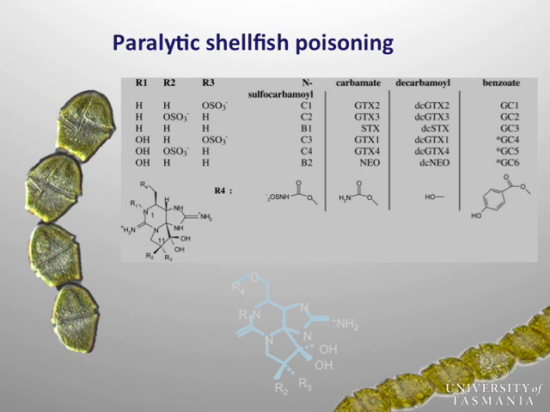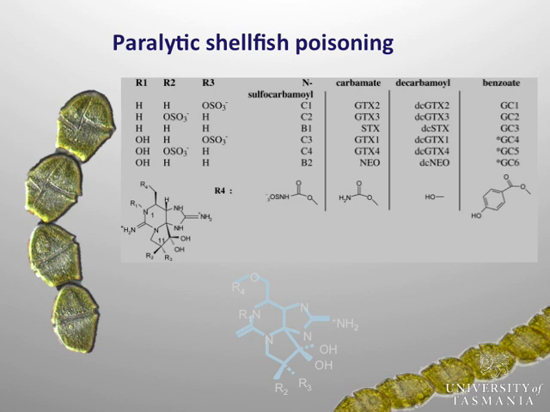The toxin itself is a tetrahydropurine, an alkaloid-like structure. It has a lot of nitrogen in it. It varies considerably in its toxicity to vertebrates and humans. Like many of the toxins produced by algae as well as things like fungi, there's a lot of variation.